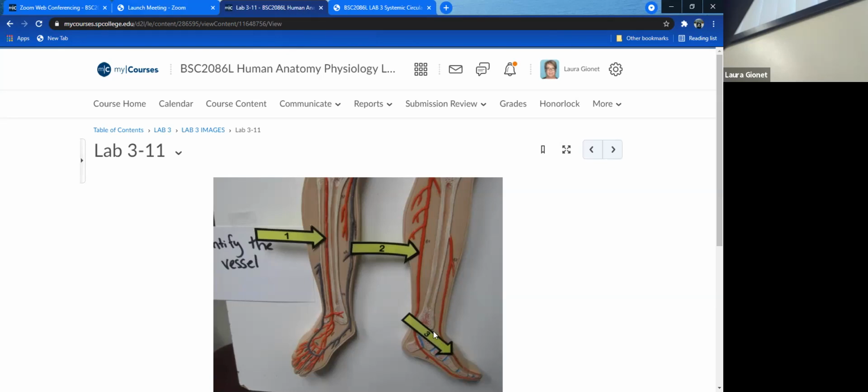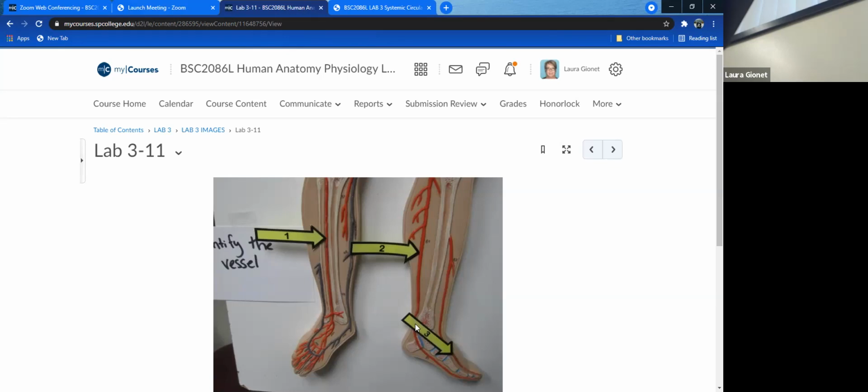And once it passes that ankle joint where the number 3 actually is, it continues on the dorsum of the foot, the top of the foot, as the dorsalis pedis artery. That is a pulse point to establish adequate circulation of the foot, not only there, but just behind as you follow the posterior tibial artery as it wraps around the medial malleolus, which is really just under that yellow 3 arrow.